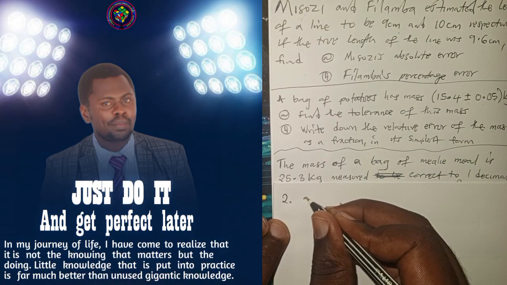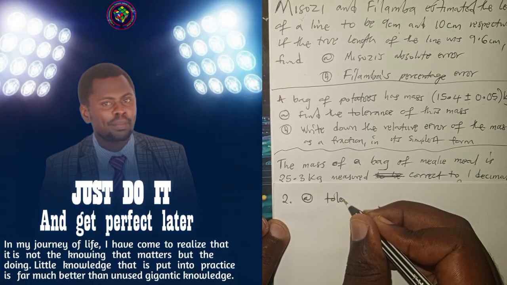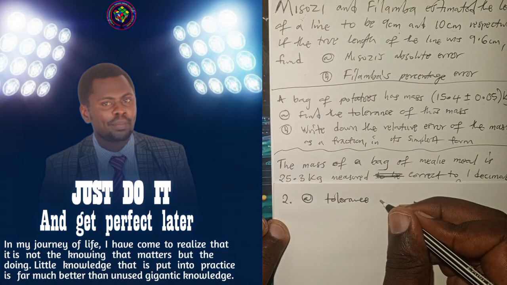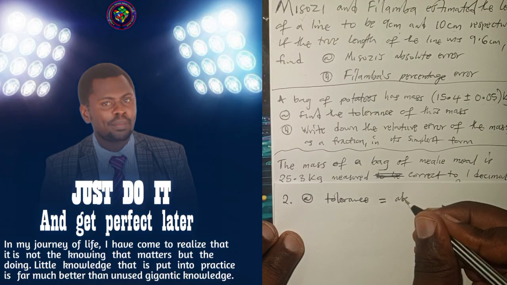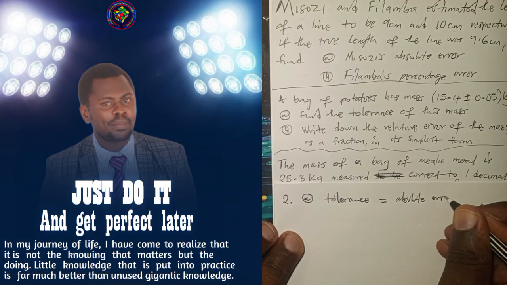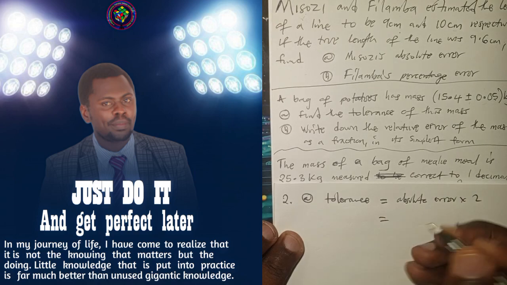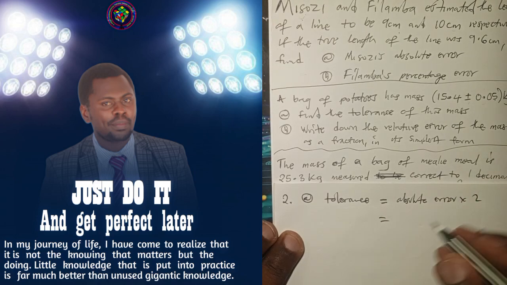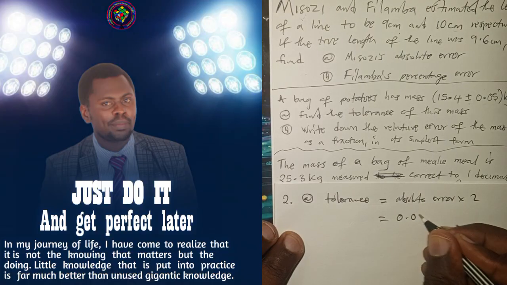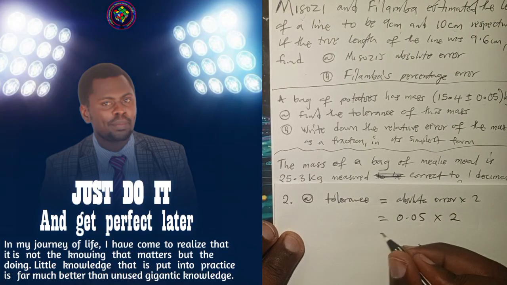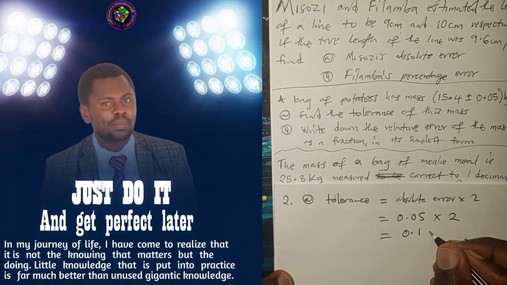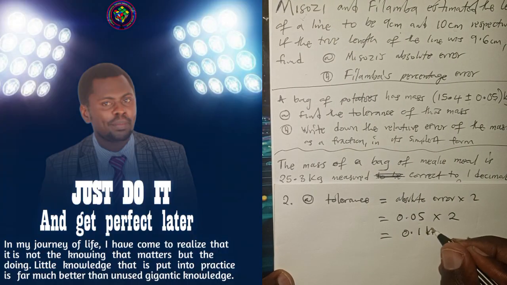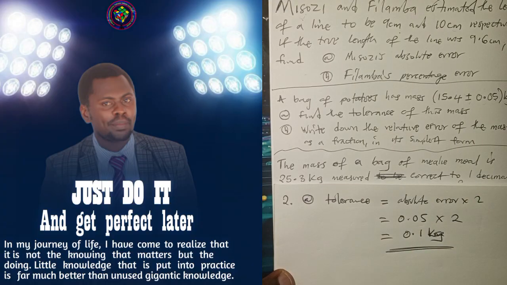If you are solving for tolerance and we have the absolute error, it is multiplied by 2. So tolerance is equal to absolute error times 2. 0.05 times 2 you get 0.1 kg. So that is the tolerance.